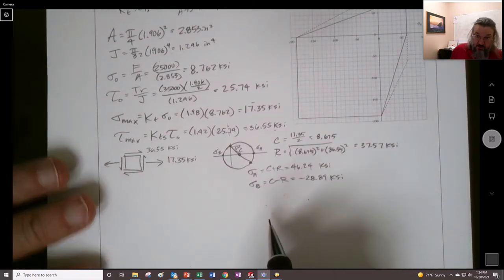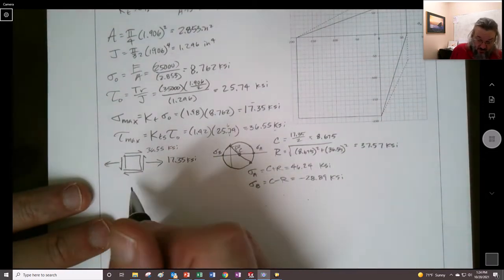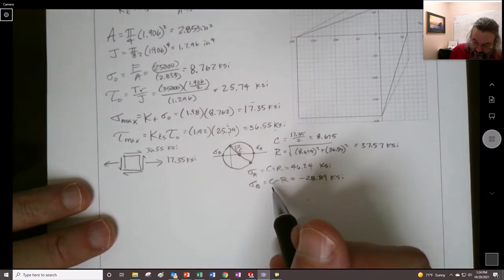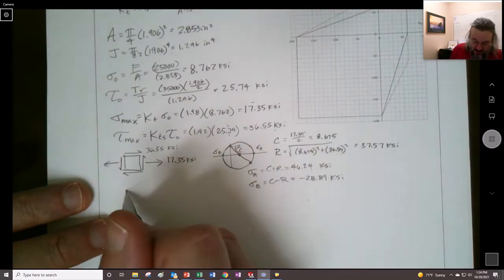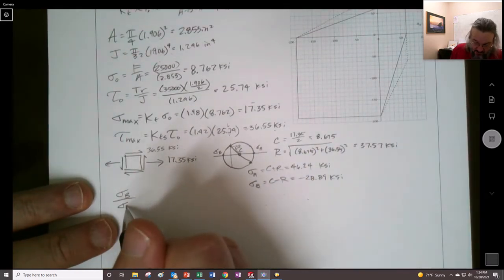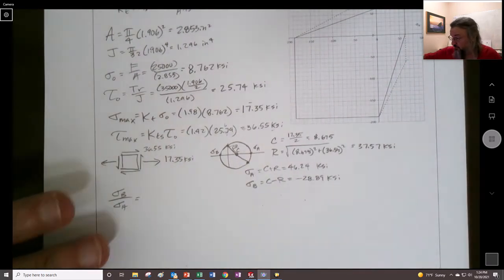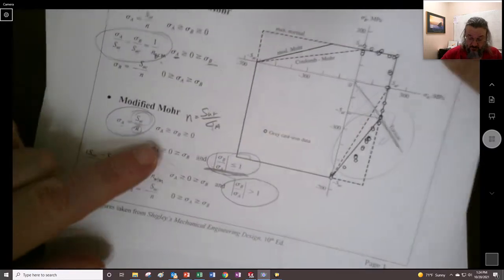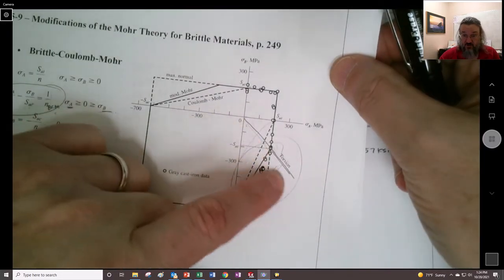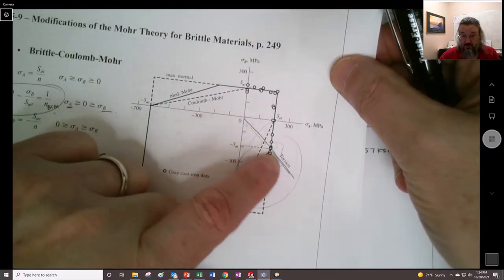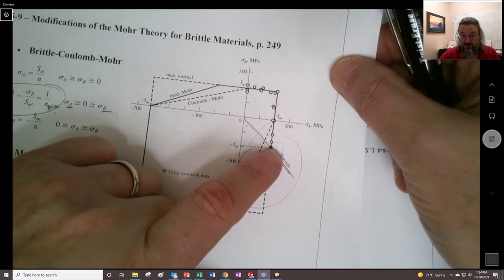And so one thing we want to check here is our ratio of sigma B to sigma A for the modified Mohr. Remember why we're doing that. Remember we have this sloping line with a slope of 1 right here, which is pure torsion.